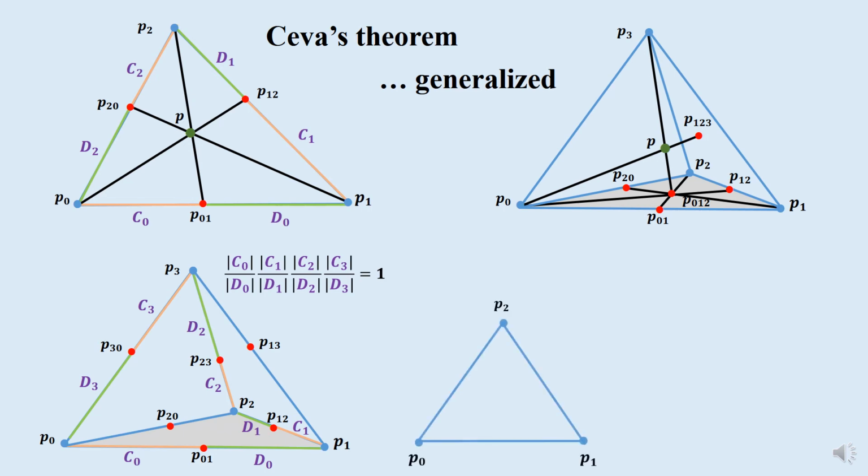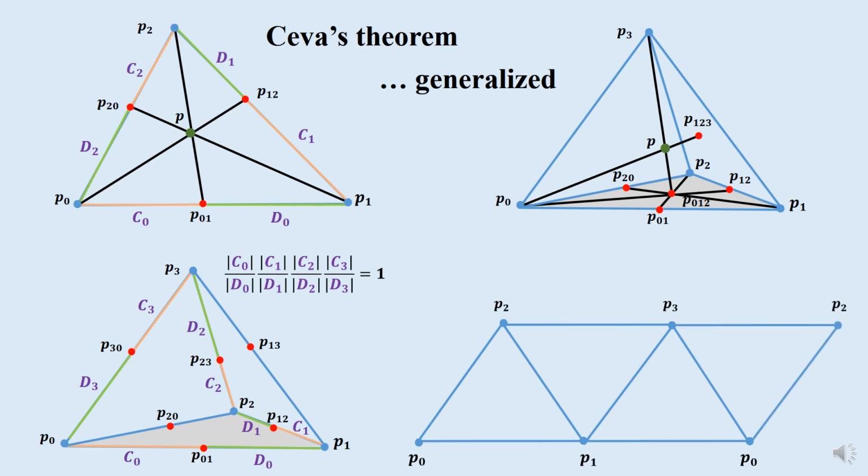So here is one face, P0, P1, P2. Next to it, the face P1, P2, P3. And here is another face. And this is the last face, and you can see that this side of the face is exactly this side. So we can wrap it.